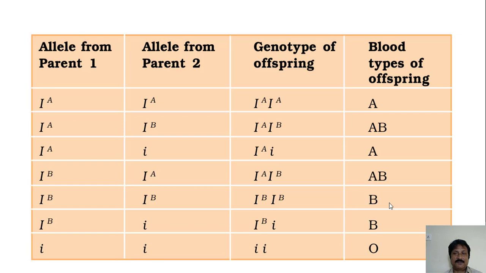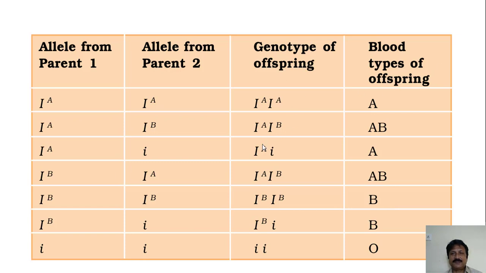That means there are 4 members in the family, and all 4 members have different blood groups. Is it possible? This is a question for you. I hope you'll be able to answer this.